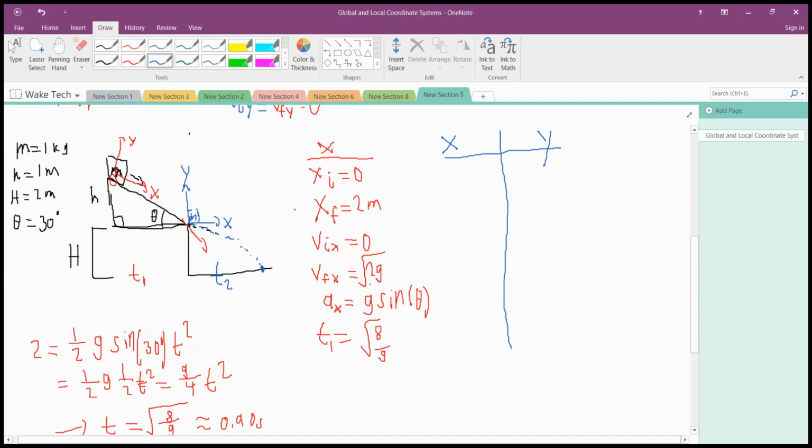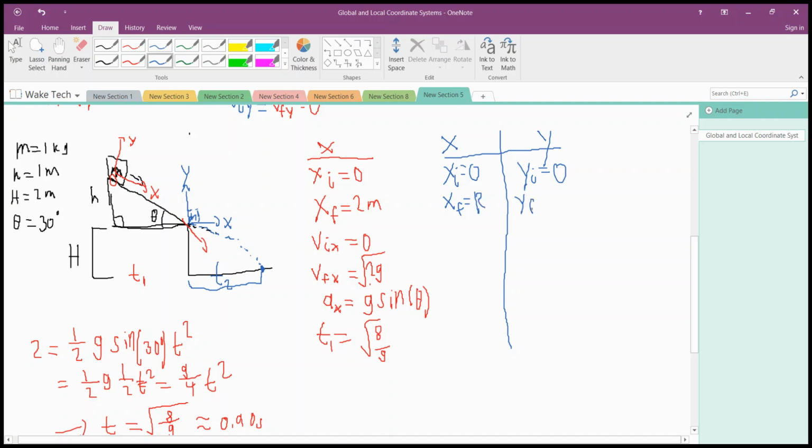So in our blue coordinate system, X initial is 0 and Y initial is 0 because our origin is right there, where we first start keeping track of the motion of our object, where our object first leaves the table. So 0, 0. X final is unknown, but it'll be this distance, right? Which we typically call the range. So I'll just call it R, though it's an unknown.